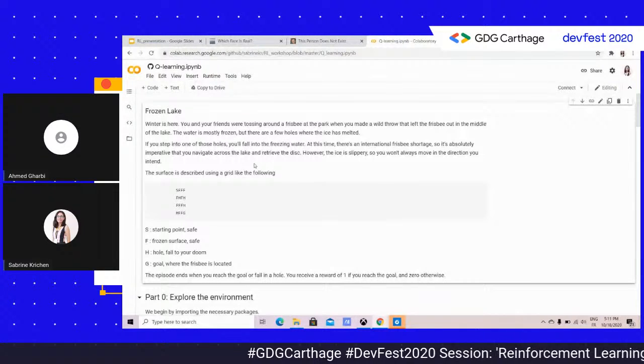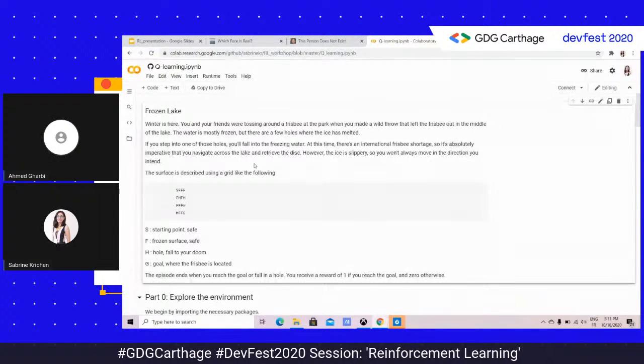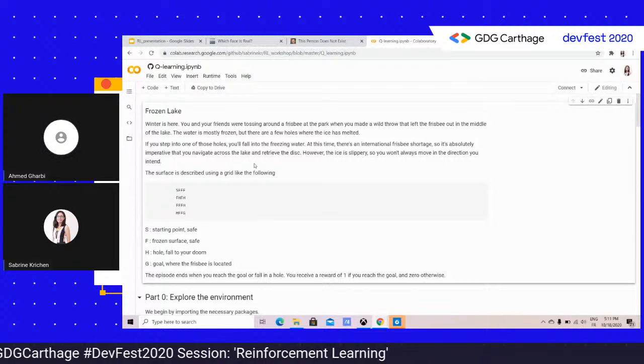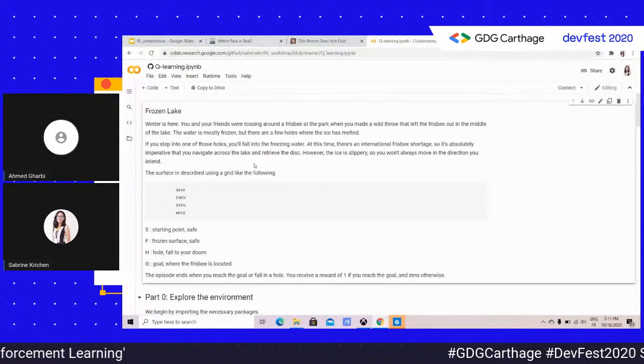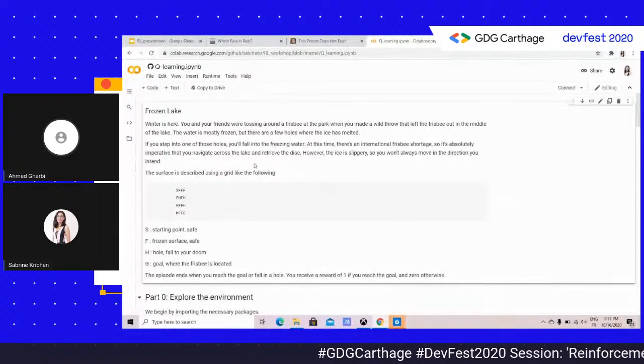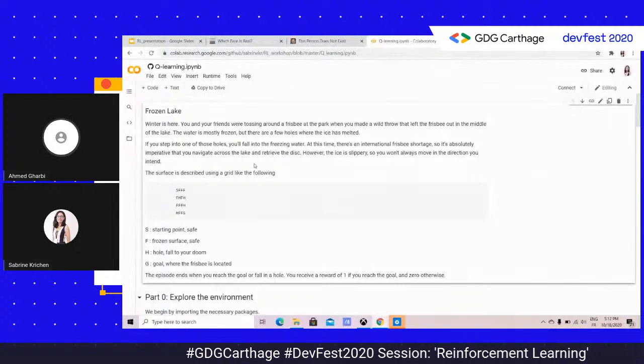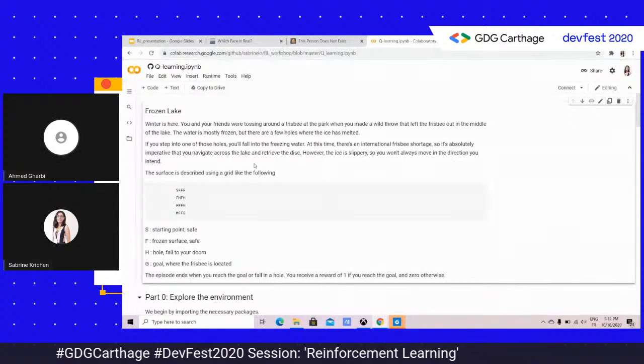So the Gym library is a reinforcement learning library that contains a lot of environments, so we're going to use it today. The frozen lake problem can be described as follows.